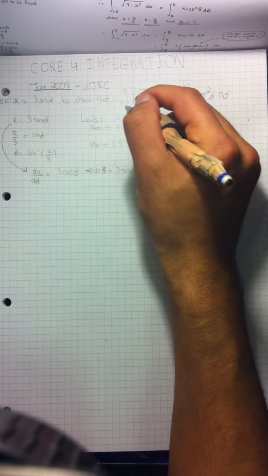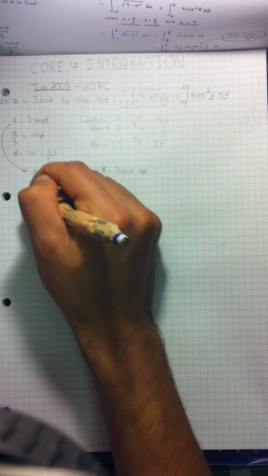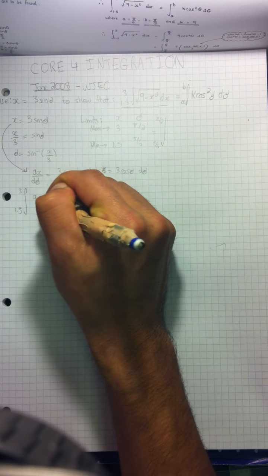So now starting with this integral, 3, 1.5, square root of 9 minus x squared dx, I can substitute in the values that I know. So the integral becomes pi over 2 over pi over 6 square root of 9 minus, now I know that x equals 3 sine theta, so 3 sine theta squared, and then dx we know is 3 cos theta d theta.